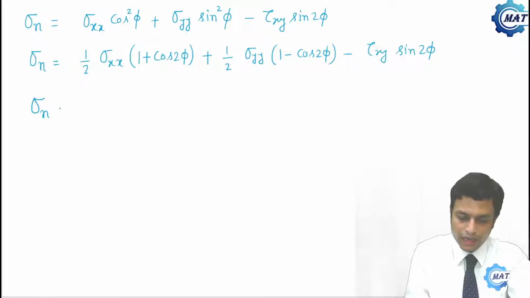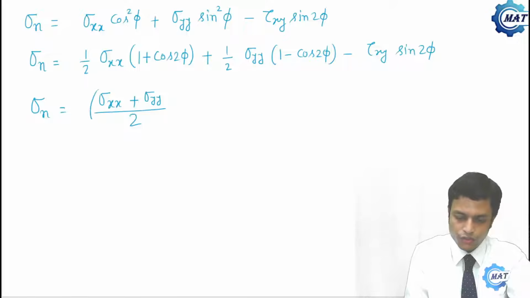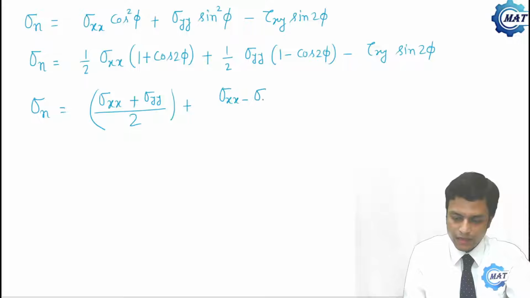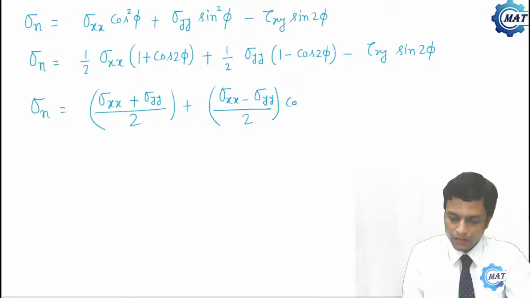That is, sigma n becomes sigma xx plus sigma yy by 2 plus sigma xx minus sigma yy by 2 cos of 2 phi minus tau xy sin 2 phi.